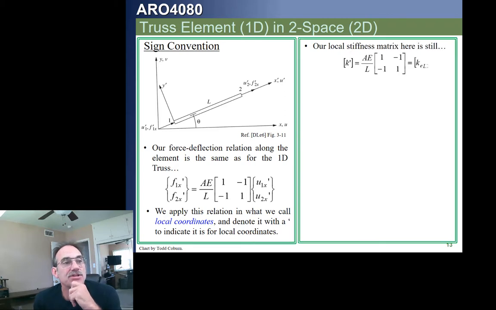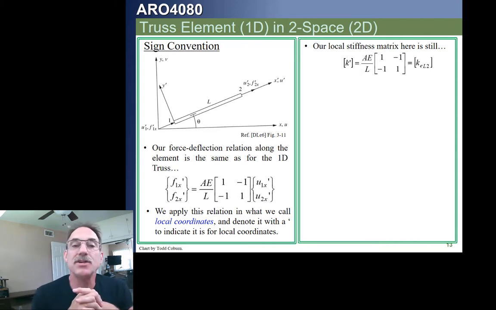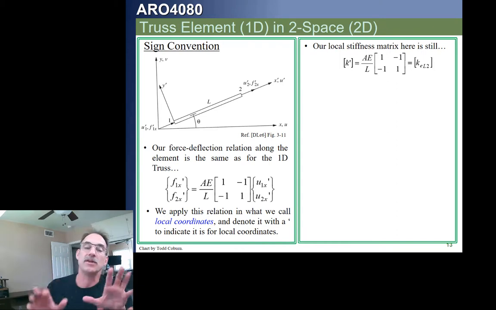And our local stiffness matrix, we can call that K prime, which is what the book uses for that local matrix. This is how it's defined, and we're going to call it the element stiffness matrix. We're going to use a capital L for local, and we're going to call this L2 because this is a 2x2 version. We're going to find that we need a 2x2 and a 4x4 version. 2x2 if we're just dealing with a singular element, but 4x4 when we're dealing with a two-dimensional system.